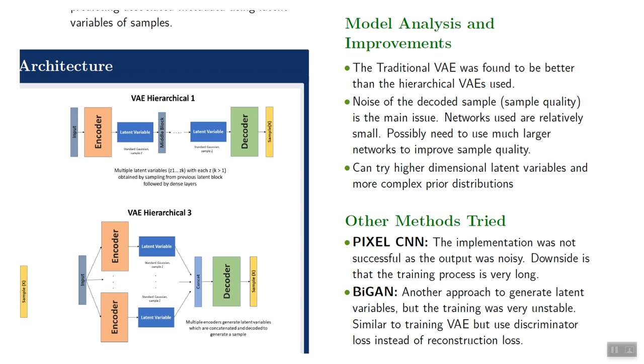The BiGAN approach was tried. It is very similar to VAE in the sense that we can generate latent variables. The difference between BiGANs and VAEs is that BiGANs use discriminator loss instead of reconstruction loss. While building BiGANs, the major problem was the stability of the training. The training was very unstable.